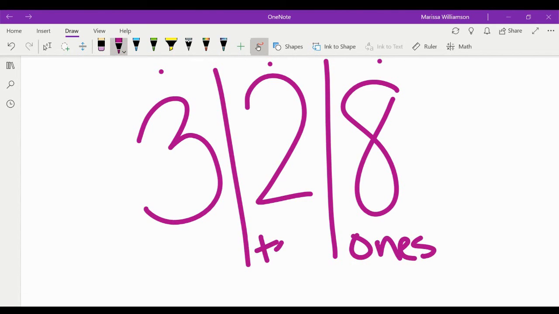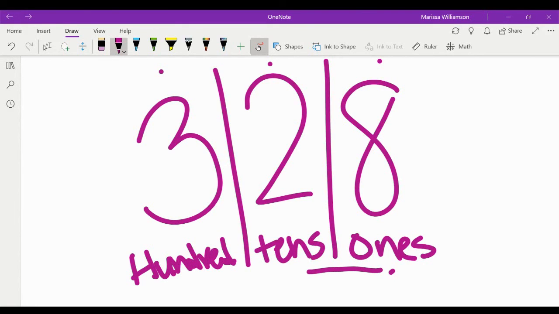This is the tens, and this is the hundreds. The ones place is smaller than the tens place, and the tens place is smaller than the hundreds place. So from left to right, it goes biggest to smallest.